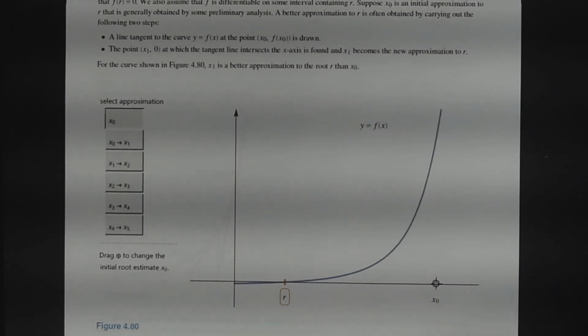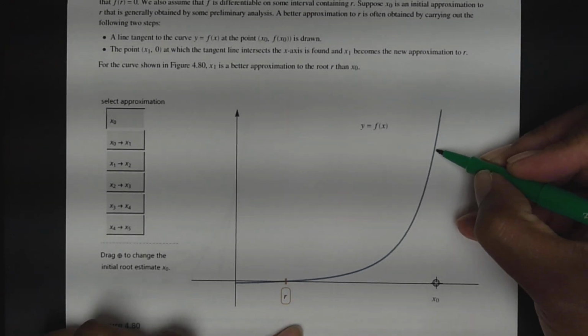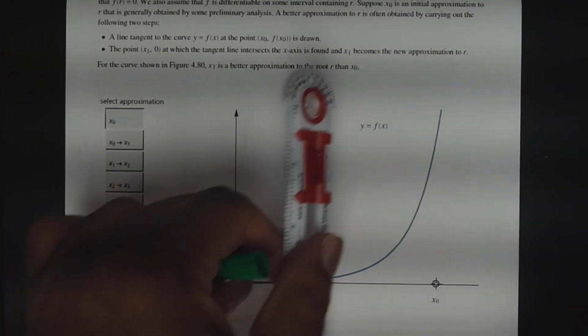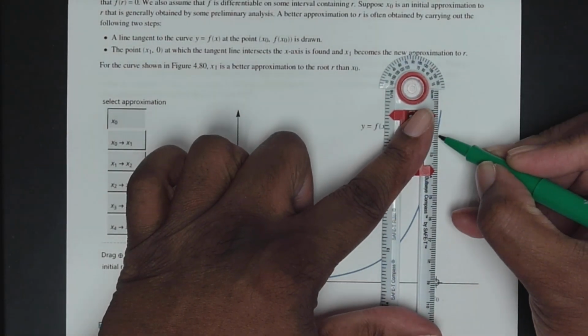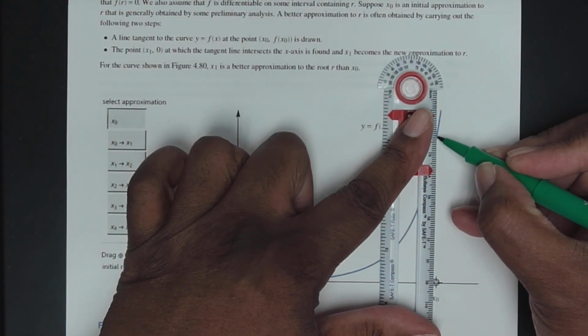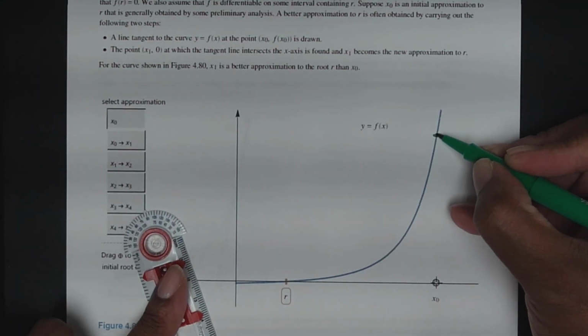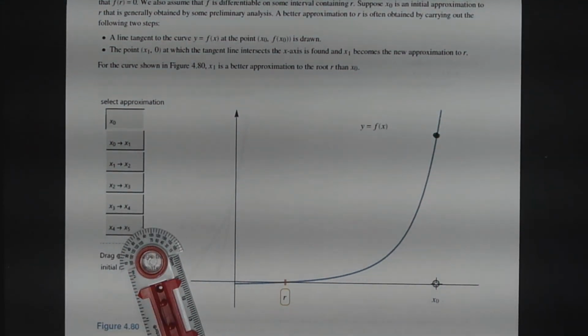So here's x of 0, and this would be the point on the graph that corresponds to x of 0. That would be this point right here. So I'll go ahead and draw that point there.